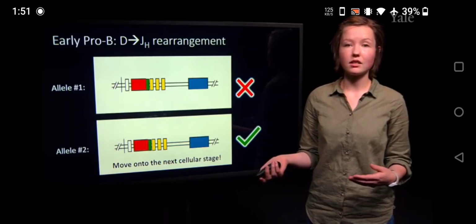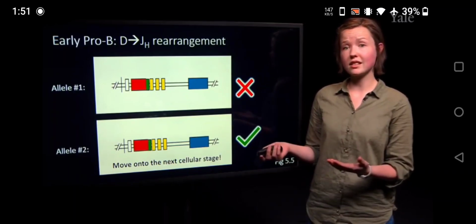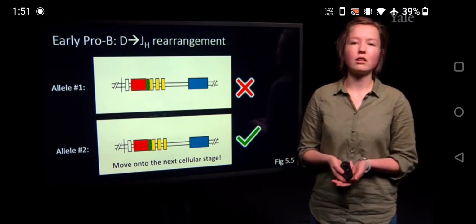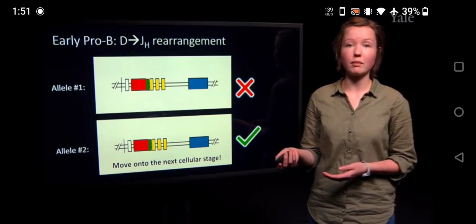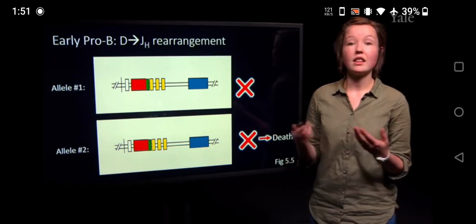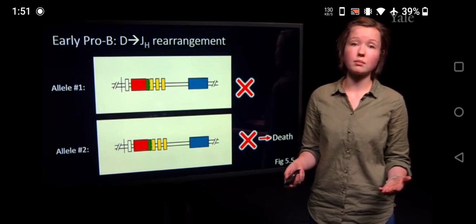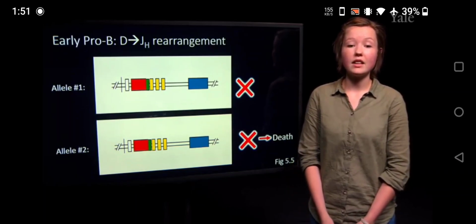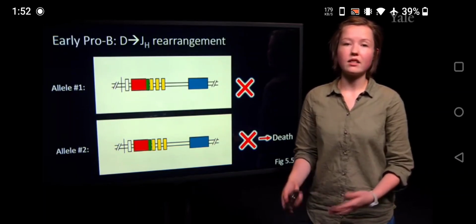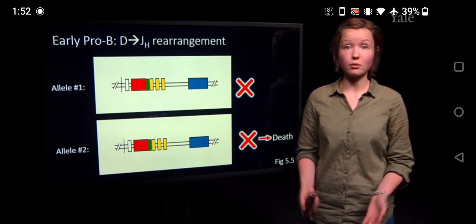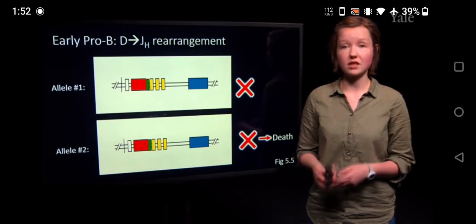And if this is successful, then you have a proper heavy chain and the B cell can move on to the next stage of development. In the case that this doesn't work, then there is no heavy chain that can be expressed by the B cell, and then the B cell will die at this stage of development because it cannot produce a B cell receptor, which is necessary in its stages of development.